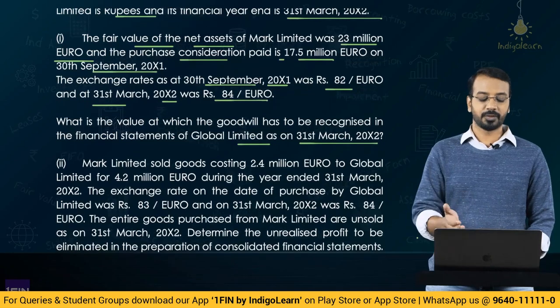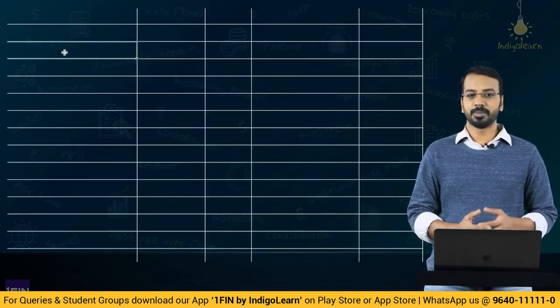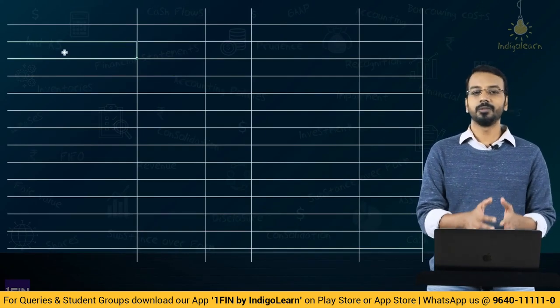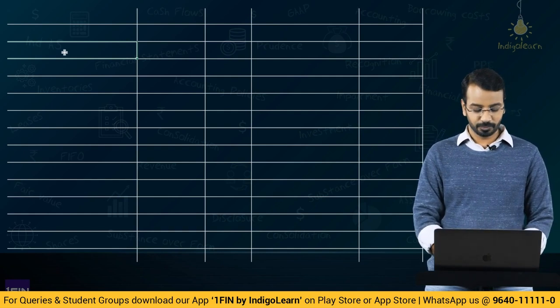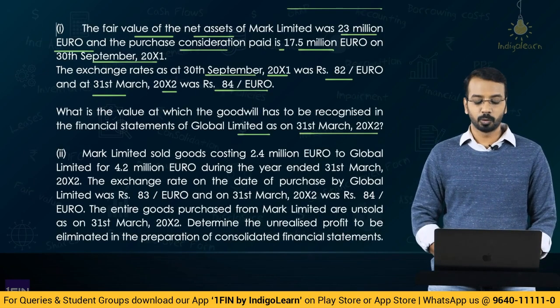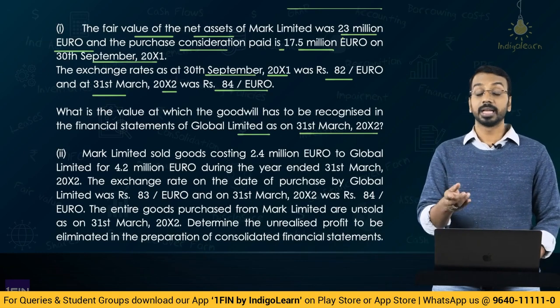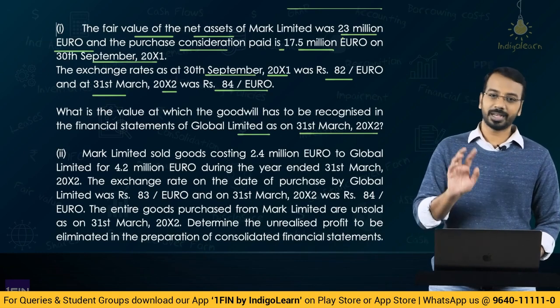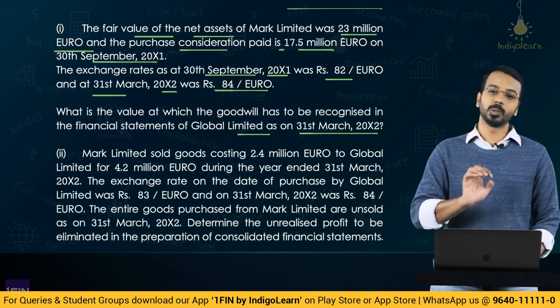First let's finish the first part, then we'll come to the second part. While preparing the consolidated financial statements, goodwill is considered to be an asset of the foreign operation. So, what is the value of goodwill? The net assets of the subsidiary in euro are given to be 23 million on the date of acquisition. The calculation will be done on the date of acquisition in the foreign currency, but reporting will be done using the closing rate.